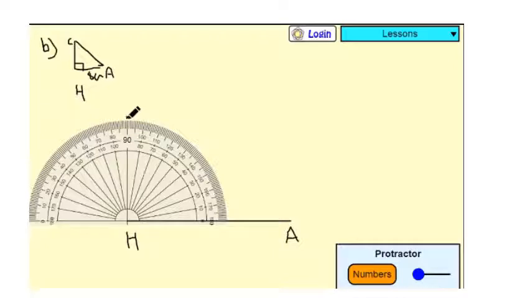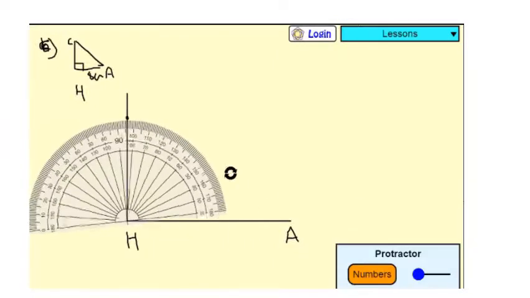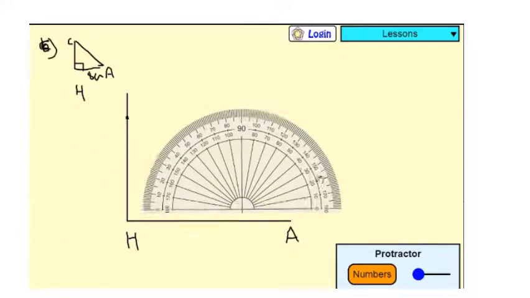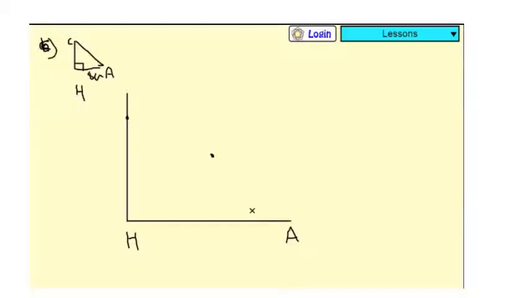We mark 90 degrees. This is part C, not part B. And we join. Then we put it at A and mark 40 degrees. This is 40 degrees. Then we are going to join. And as we said, I have to elongate until the two lines intersect.